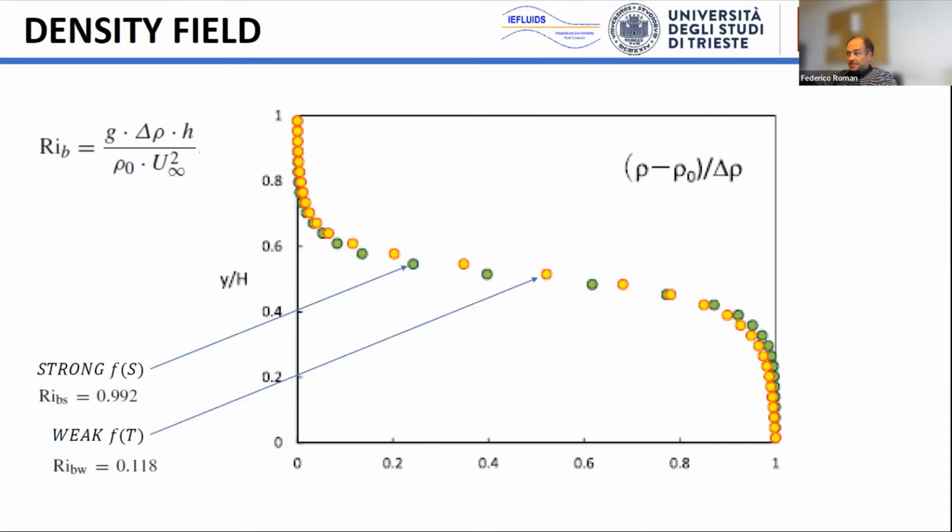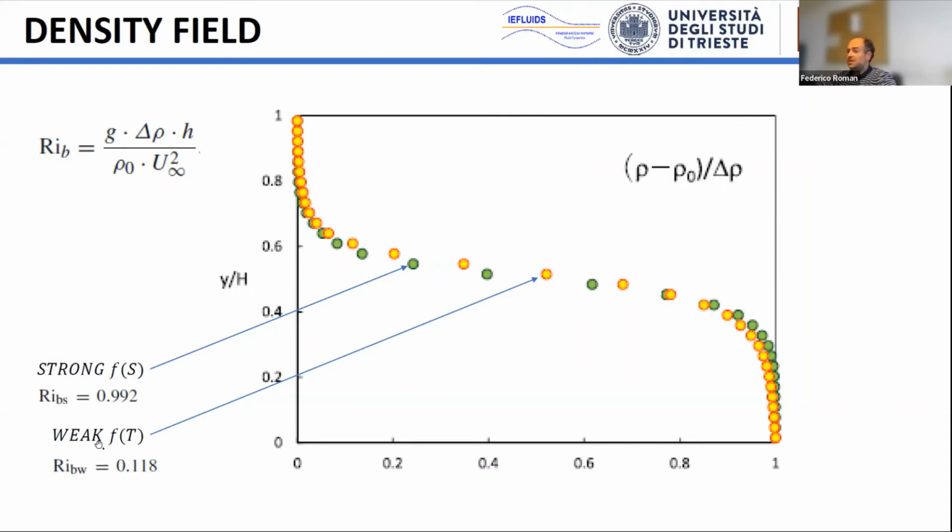Concerning the test cases, we performed first a case with neutral stratification, so a well-mixed water column in terms of density, and then two cases, one with a weak stratification and one with a strong stratification.